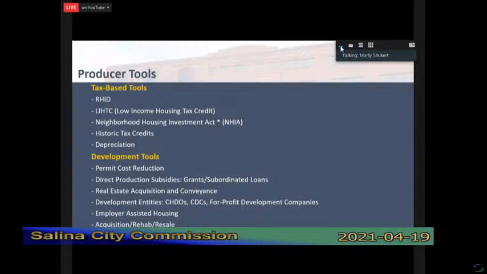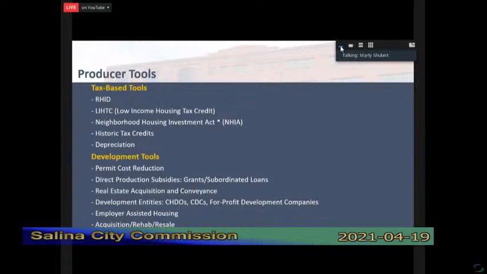But the beauty of it is that it was clearly done by people who knew what they were talking about, which I find to be refreshing, and it applies specifically to things like infill development in a neighborhood like North Salina. So I think it is a very powerful potential tool for getting affordable owner-occupied housing built, and is something that I really hope becomes law, because it is really speaking to a significant unmet need in our housing environment.